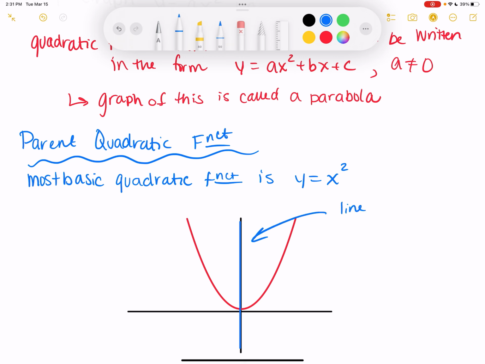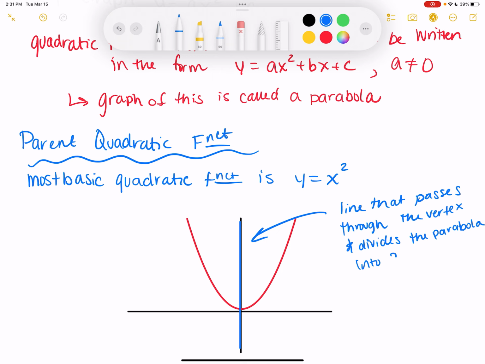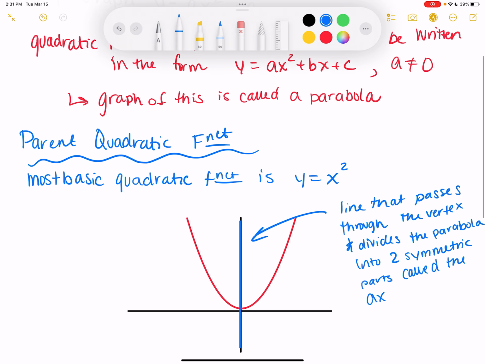This line that passes through the vertex and divides the parabola into two symmetric parts is called the axis of symmetry, which we will label as AOS.